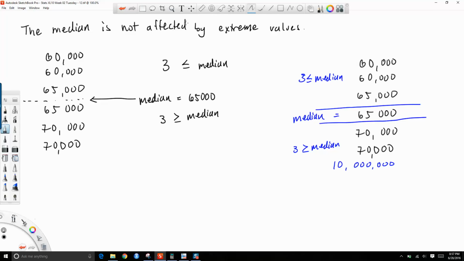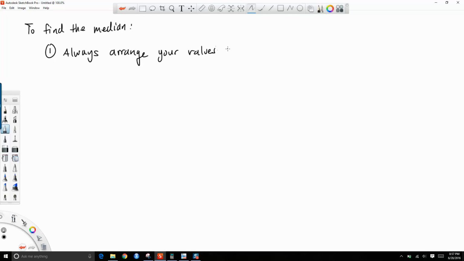So how do we calculate the median? To find the median, number 1, always arrange from least to greatest, or arrange your values in order.